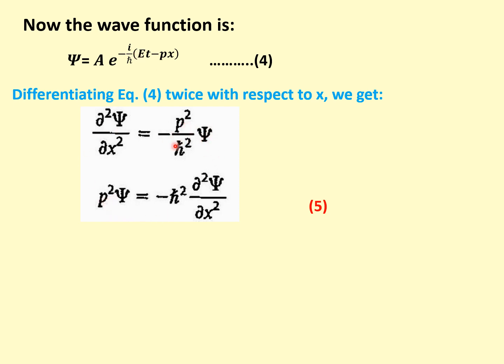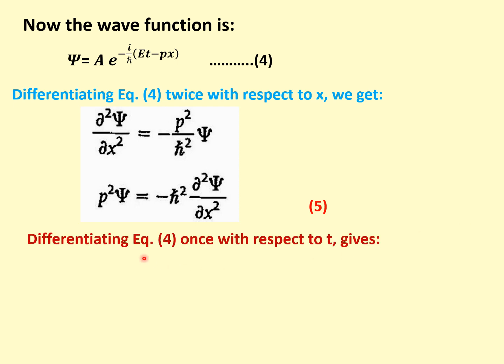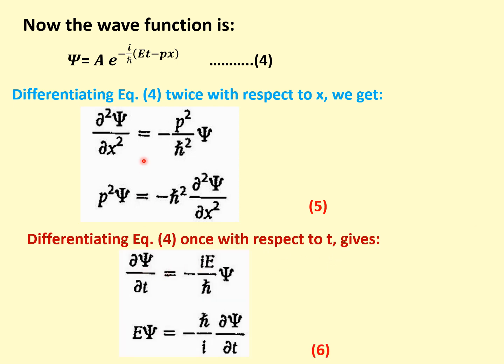So from here we can find that p square psi will be minus h bar square into delta 2 psi by delta x square. Again, if we differentiate this equation with respect to t once, then delta psi by delta t. This time we differentiate with respect to t.